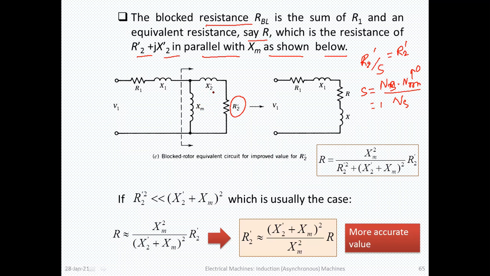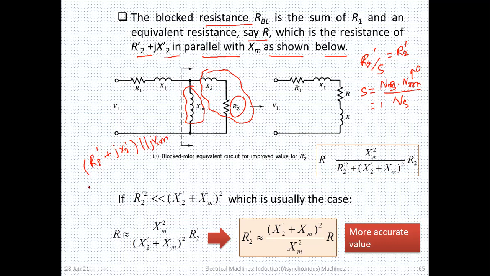Now we can see that these two parts are in parallel, so we can find the equivalent. R2 dash plus jX2 dash is in parallel with jXm.